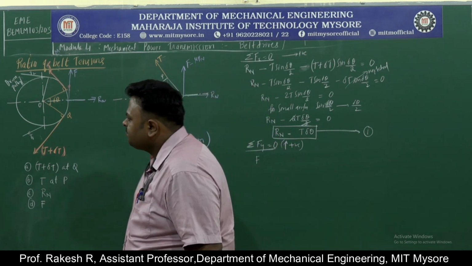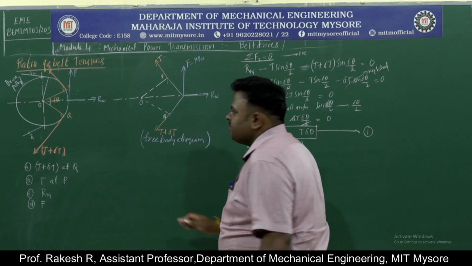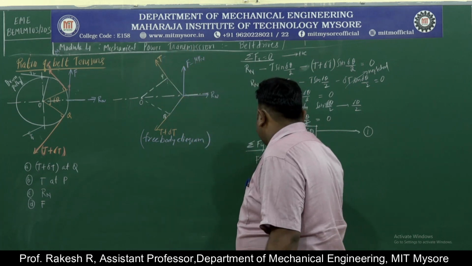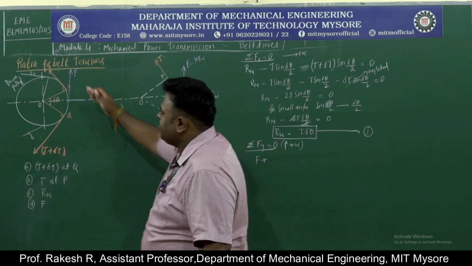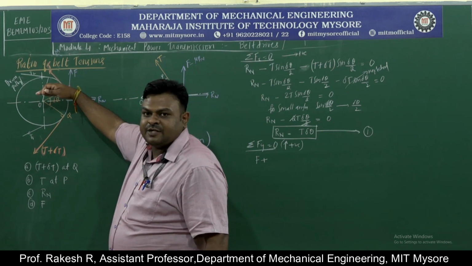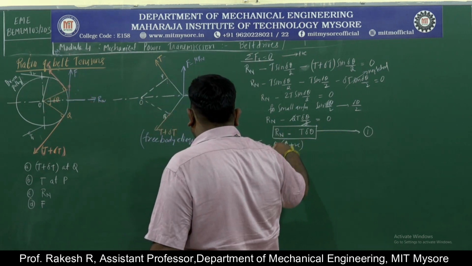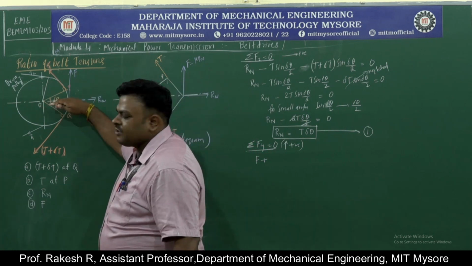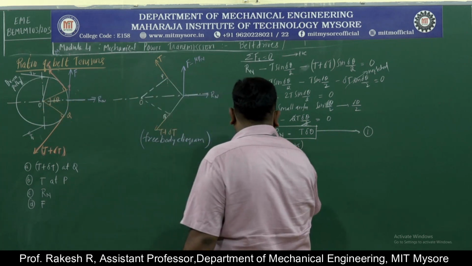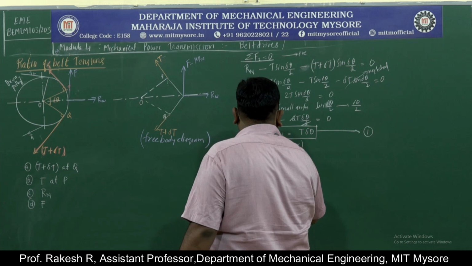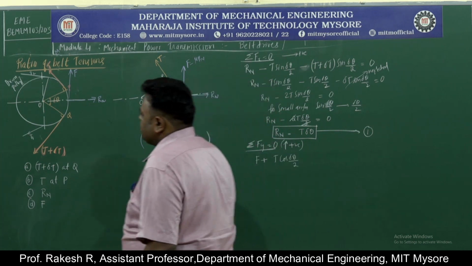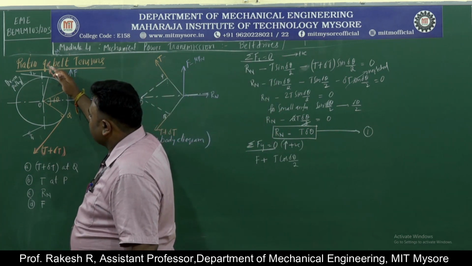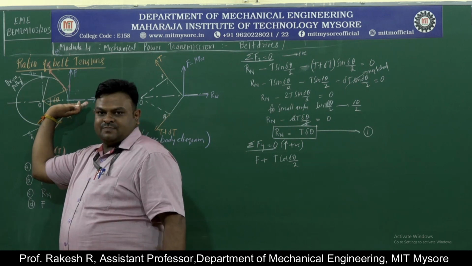Then frictional force F plus, again T is there. Here I need to consider with respect to the vertical component. So here I have to consider T cos delta theta by 2. This will be acting horizontal like this.